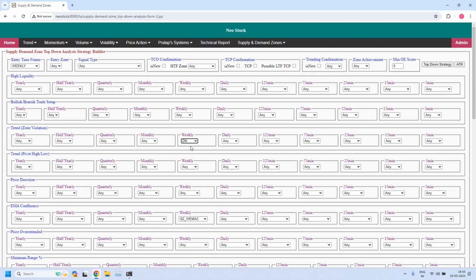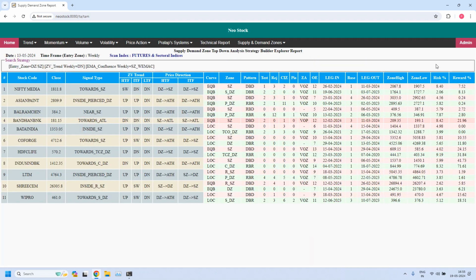If the list is small, okay; if it is a big list, we will focus on pivot trend also. Because we are demand supply zone traders, first preference we always give to zone violation trend. So 11 stocks are filtered. All these 11 stocks have supply zones with weekly EMA confluence. If you have any doubt, always look into this search criteria.